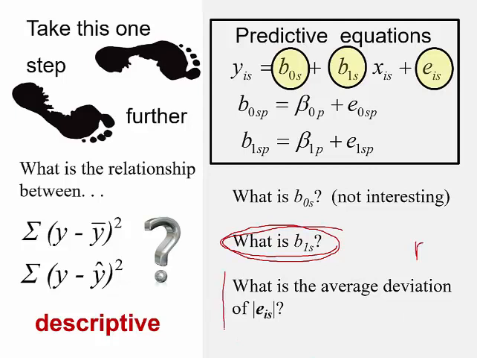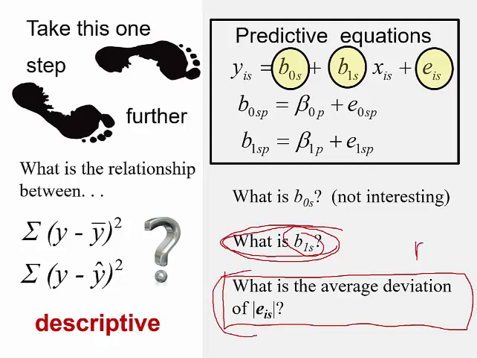And then just now we were talking about how our standard error of estimate, the average deviation of the errors, how far people deviate from their predicted values, that average size of that deviation is also giving us information about effect size. So both the betas and the standard error of estimate are ways of talking about effect size, or size of relationship between X and Y. But that's not all. As you can see here, I say, let's take this one step further.